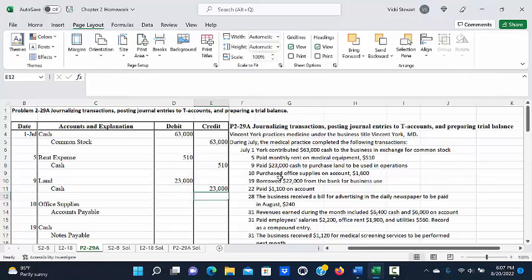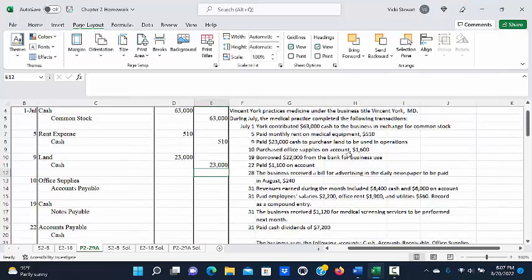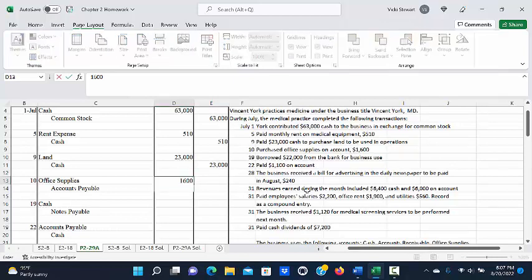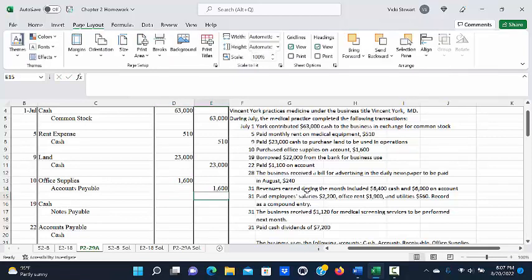Then on the 10th, it states that they purchased office supplies on account for $1,600. So remember that on account means we did not pay cash. So this would be an accounts payable. We got office supplies, so that would be our debit for $1,600 and we would credit accounts payable for $1,600.